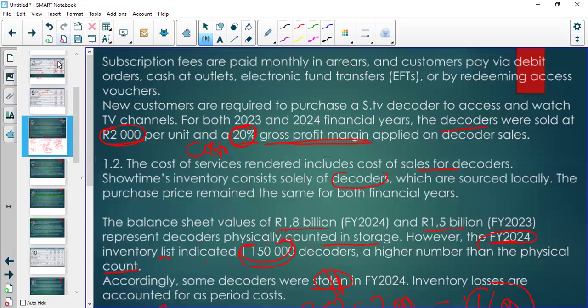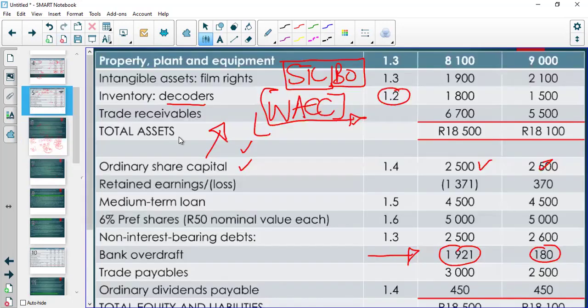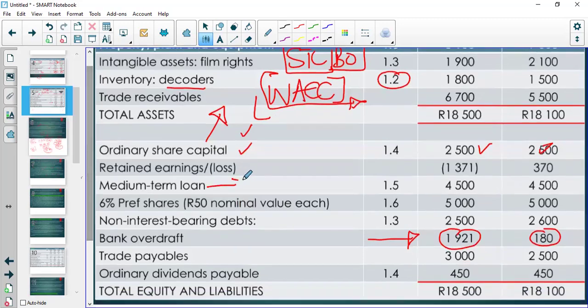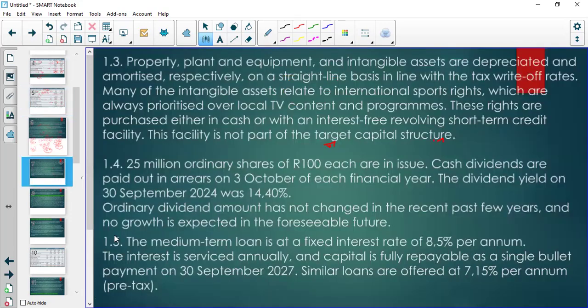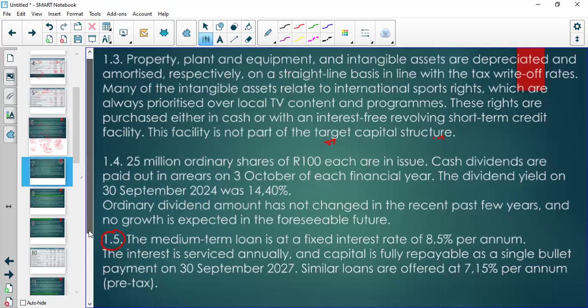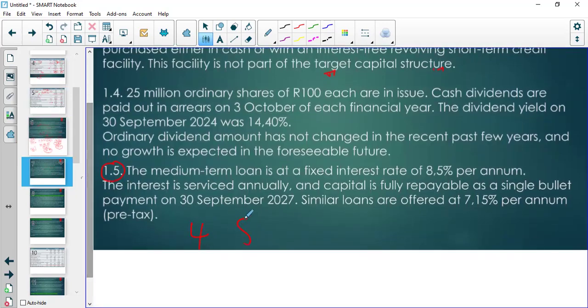Then the other thing we need to identify, so let me delete this because I think we're done with the revenue. The other sources are ordinary share capital and the medium-term loan. So let's look at the medium-term loan. The book value, or the carrying amount, is 4,500.